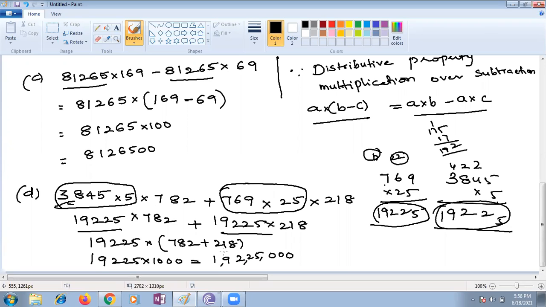So you have to think wisely. Any clue you have, you see. 5 and 25 are there, 769 is there. If you multiply these two numbers, can you find the mother or not? Apply your thinking capabilities so that you can identify the mother easily. This is the way we can solve this. That's all, children.